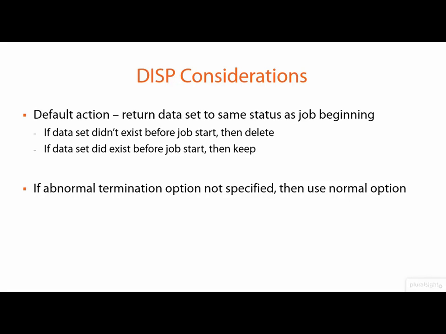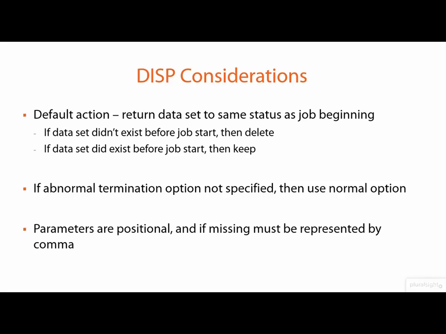If we do not code an explicit action for abnormal termination, then the option we have for the normal is what will be used. If the parameters that we are using have not been specified, since they are positional, then we must account for their absence with a comma. In most cases, you're not going to see this used very frequently.